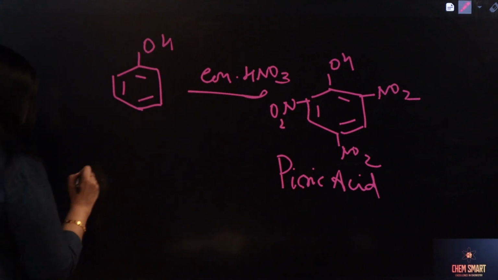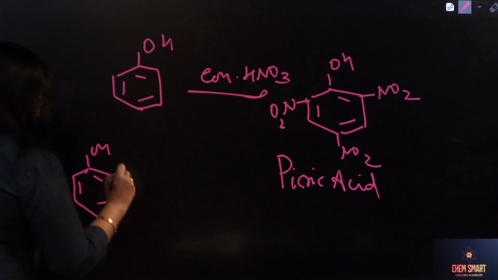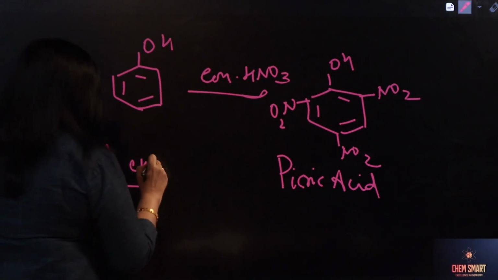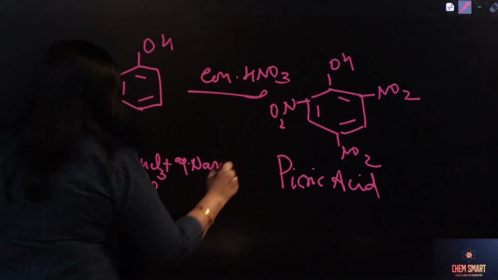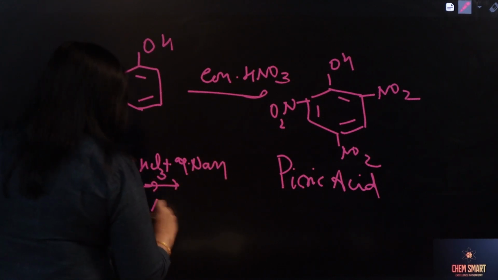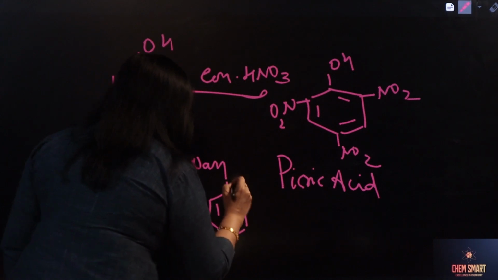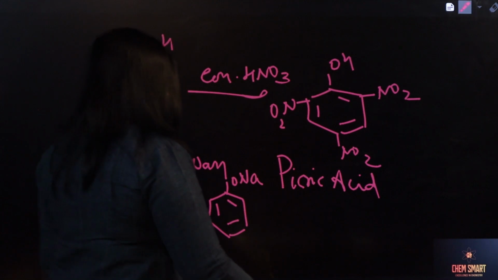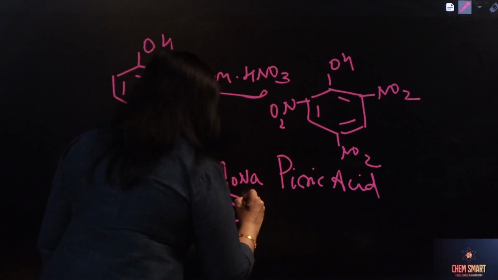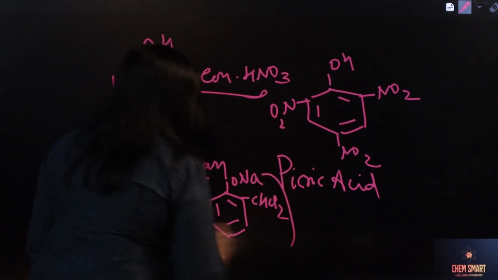There what happens is you take phenol, make it react with chloroform and aqueous NaOH. Then you will get an intermediate which is substituted benzyl chloride. Please refer to the textbook and take the detailed reaction from there. We are just discussing it quickly. This is substituted benzyl chloride, intermediate.